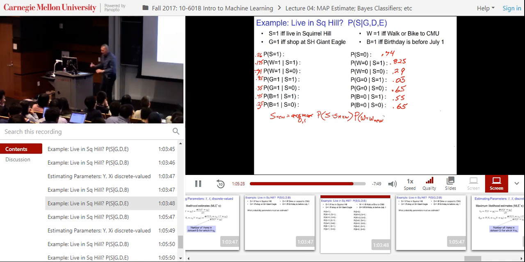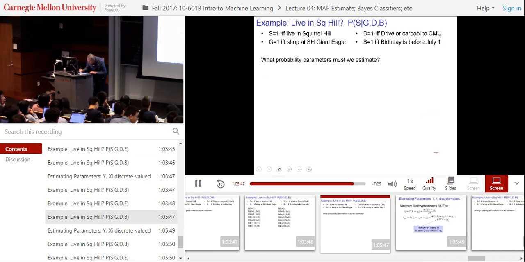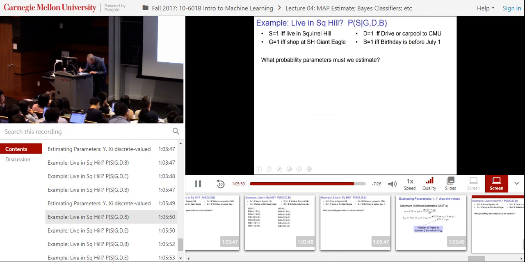And we're going to want to know the probabilities of those given that S equals S new. And so we want that for W, we want it for G, I'll just put dot because I'm running out of room, and B.